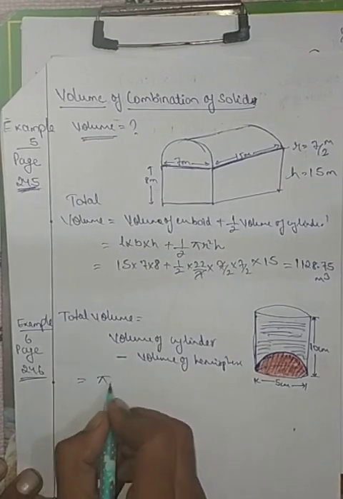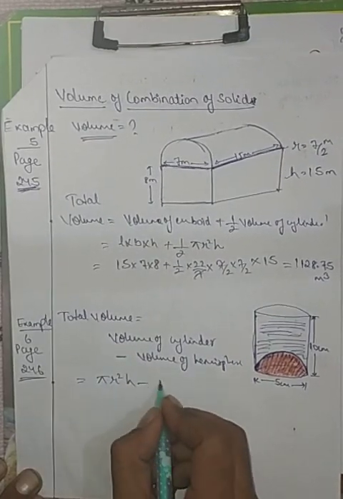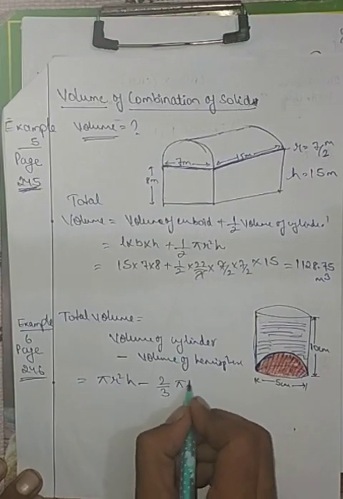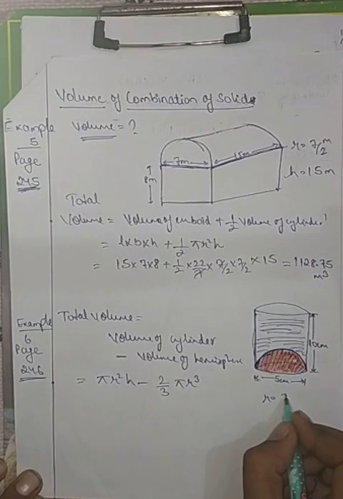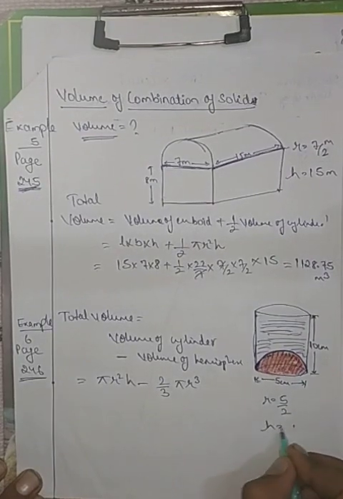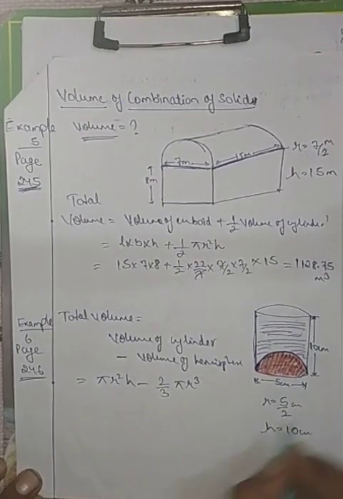Volume of cylinder is pi r square H minus 2/3 pi r cube. As you can see, this is diameter, so radius will be 5/2 and height is given to you as 10 centimeter.